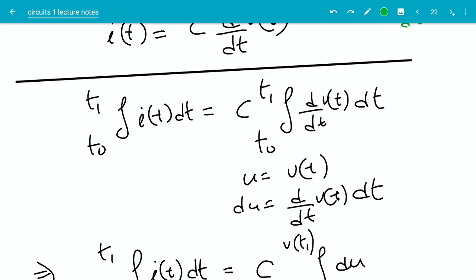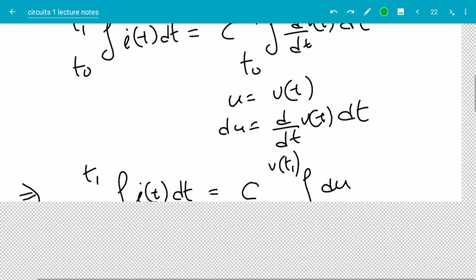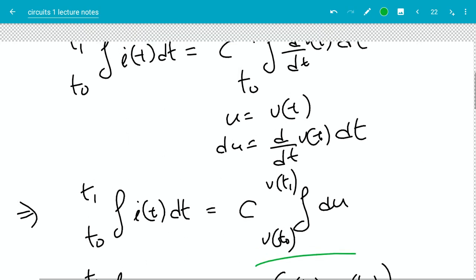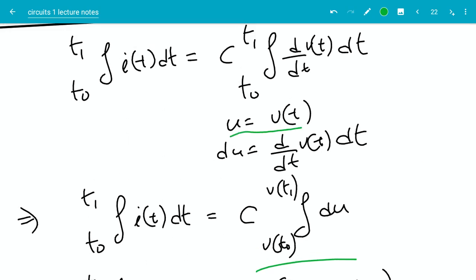Then I use that substitution and plug it into the equation, and I get the right hand side of this equation. Because u equals v(t), t0 becomes v(t0) and t1 becomes v(t1). Since this whole thing is du, that's why I have it here.